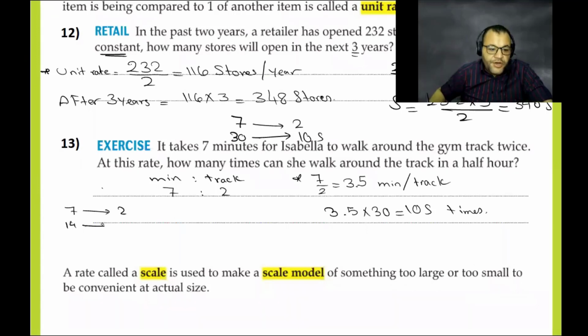In 14 minutes, how many rounds? 4. Again I add 7 here and add 2 here. You understand? Because in each 7 minutes, I cover 2. So in 21 minutes, I will cover 6. In 28 minutes, I will cover 8.